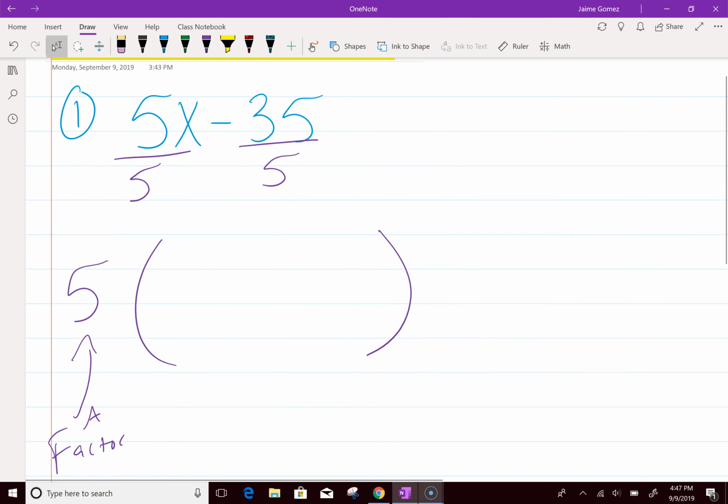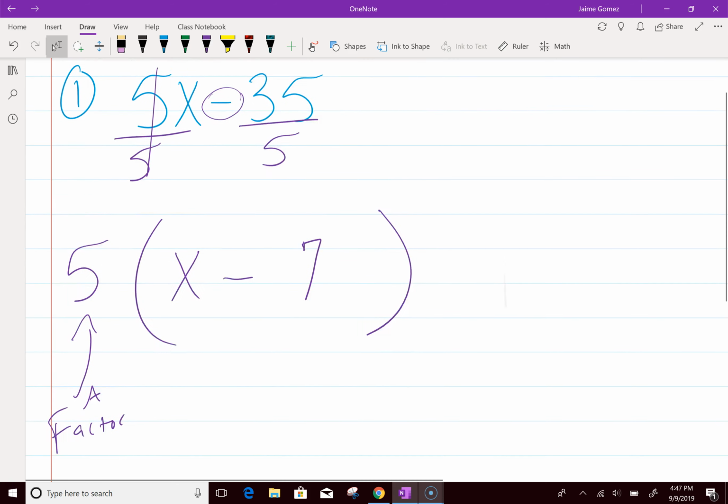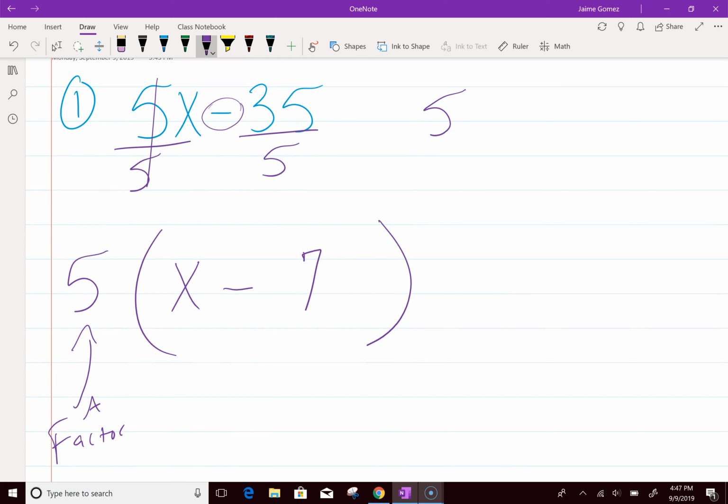If I divide by 5, that's 1, but it still leaves me with x. There's still the minus sign. And 35 divided by 5 is 7. That means 5x minus 35 is equal to 5 times x minus 7.